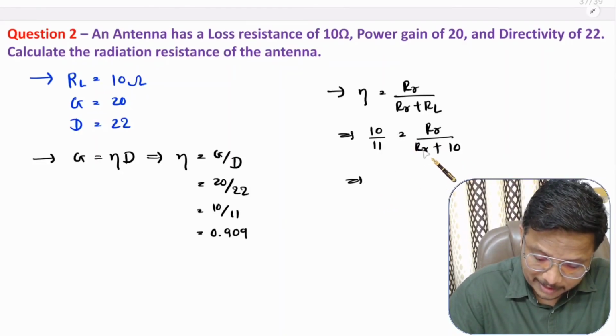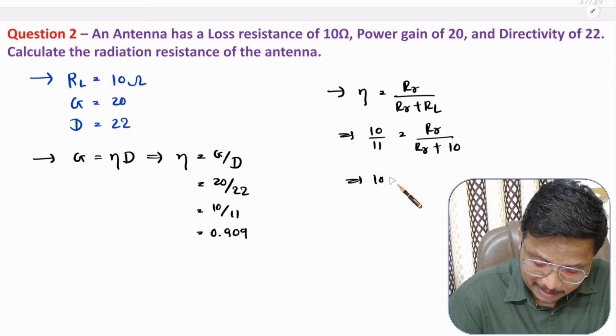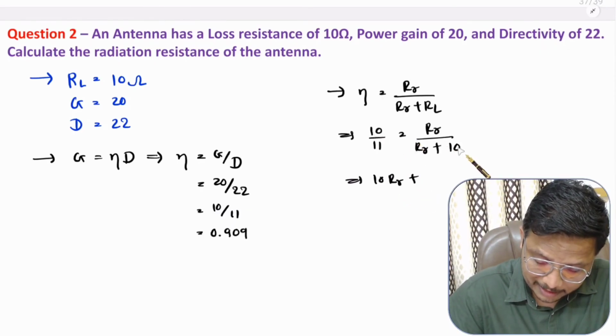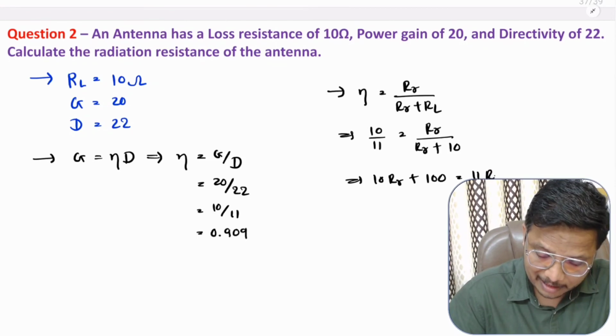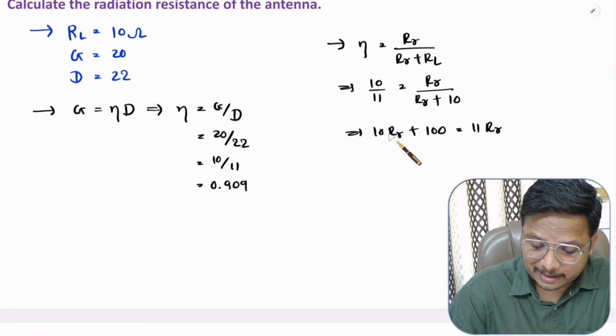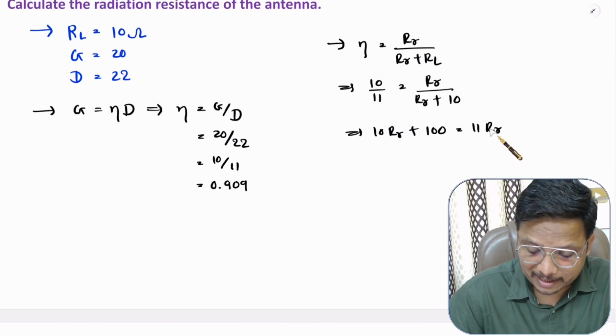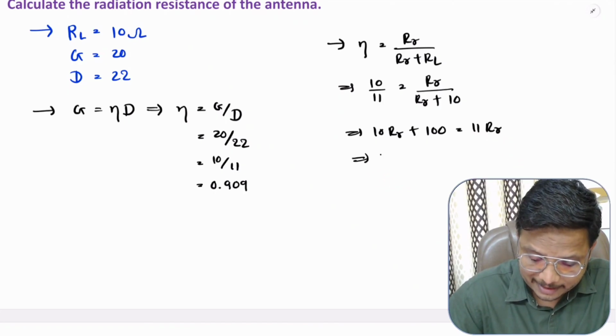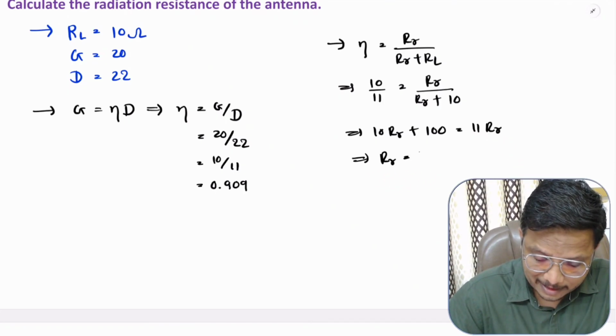So 10 into RR means 10 RR plus 10 into 10, that is 100, equals 11 RR. If you take this 10 RR to the other side, 10 RR gets subtracted from 11 RR, so you have RR only. So the radiation resistance RR is 100 ohm, right?